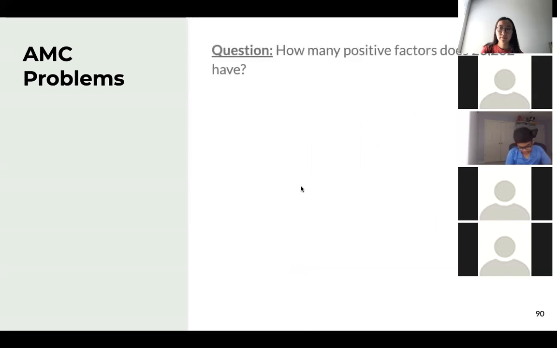Okay, so here's a simpler one. I think you guys should know how to solve this one. Just prime factorization and then apply the rule. So try your best.